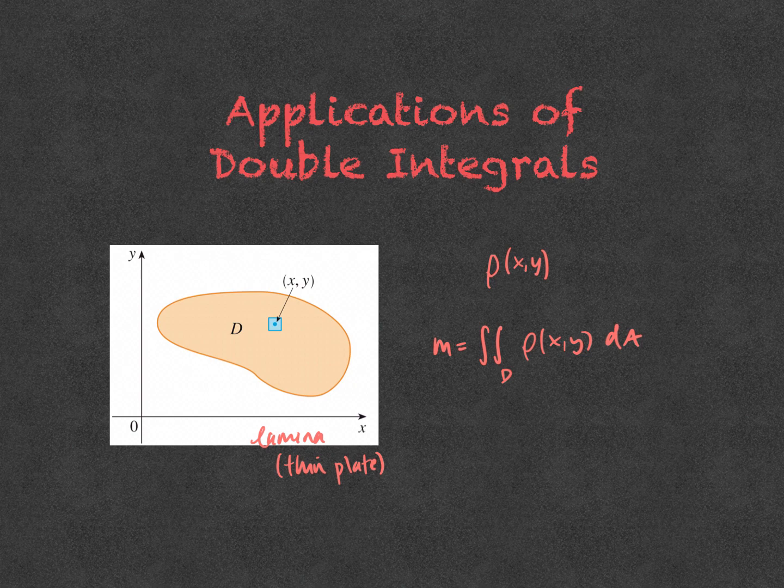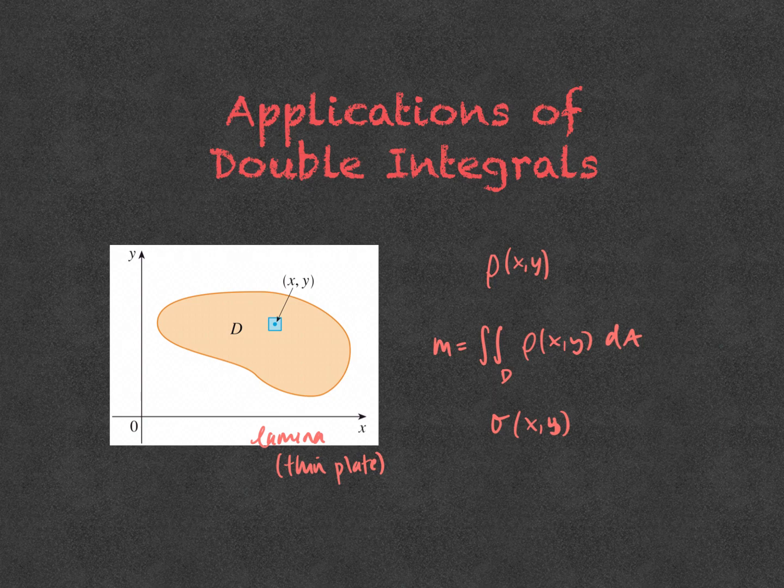Physicists also consider other types of density in the same manner. For example, imagine that over this region D we have an electric charge, and the charge density is given by a little sigma. Capital sigma is summation, and little sigma is this cursive-looking o.